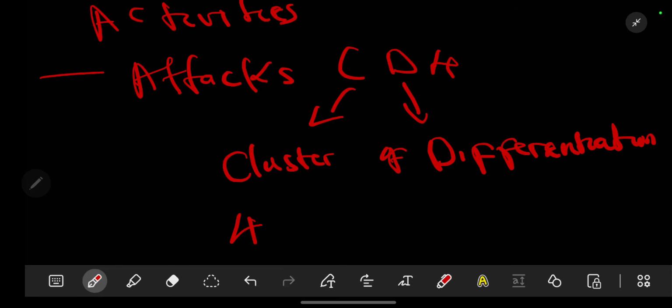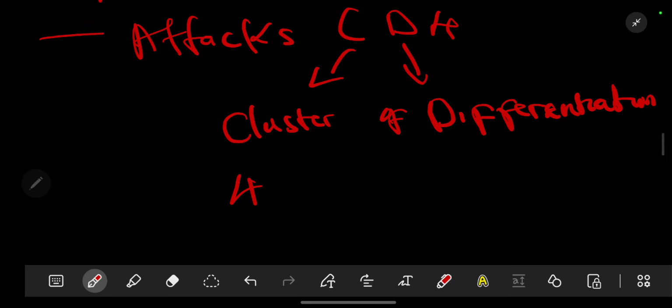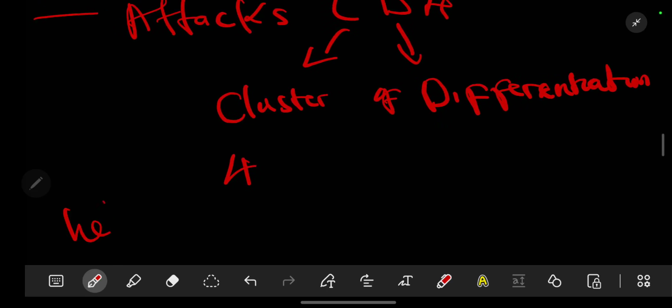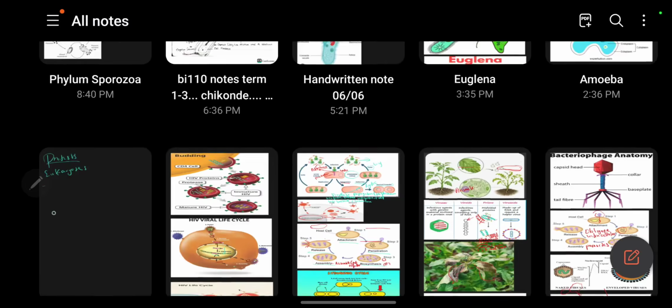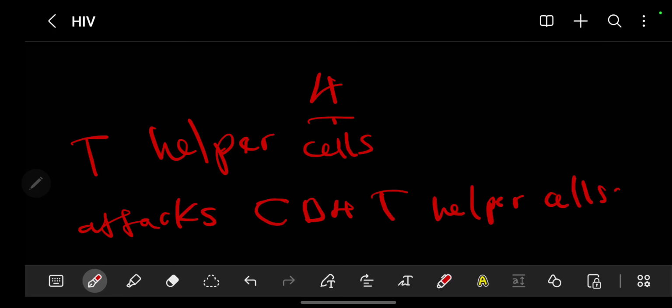CD4 are basically what we call the receptors. They are CD4 helper T cells, T helper cells. So that is one of the things that we need to know.